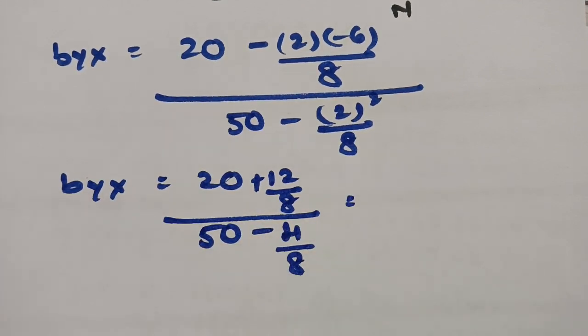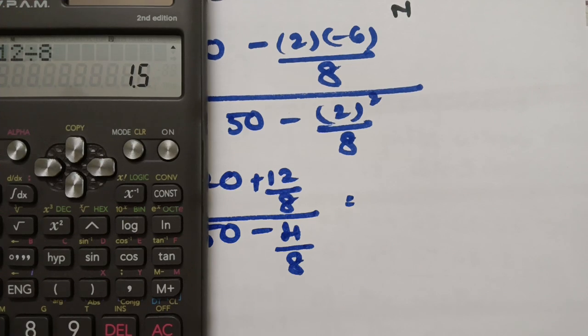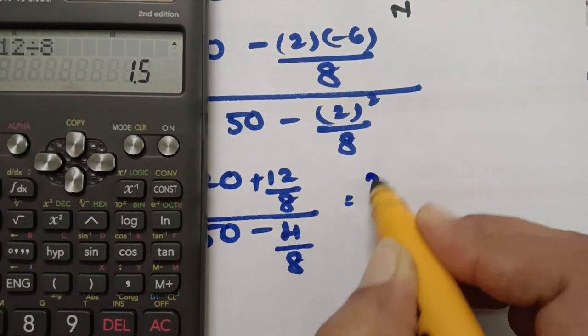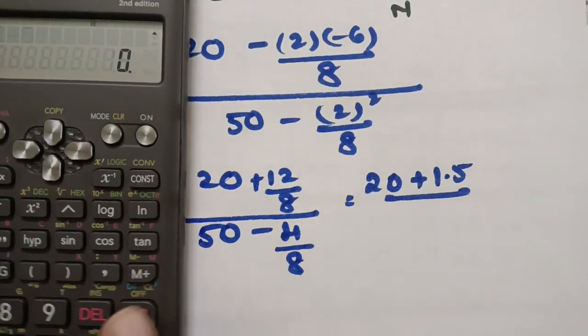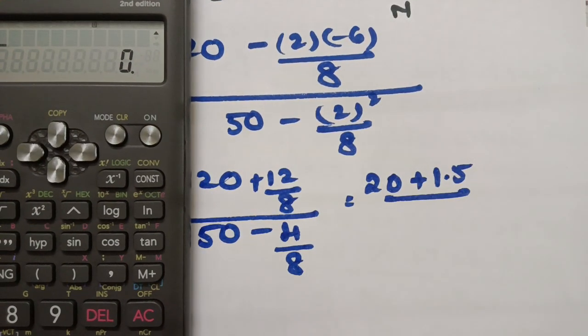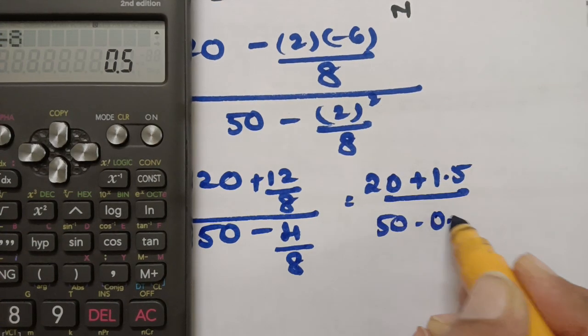Here if I use the calculator, then this will be very easy. Here this is 12 divided by 8, the value is 1.5. This is 20 plus 1.5, divided by 50 minus 4 divided by 8, which is 0.5.